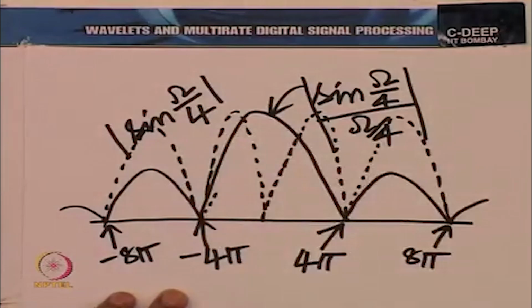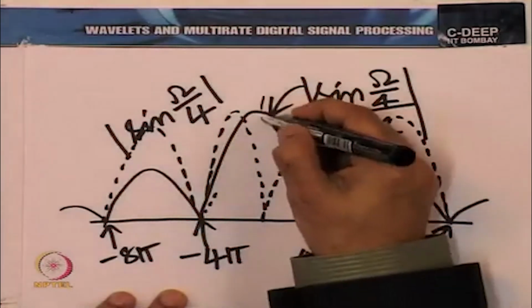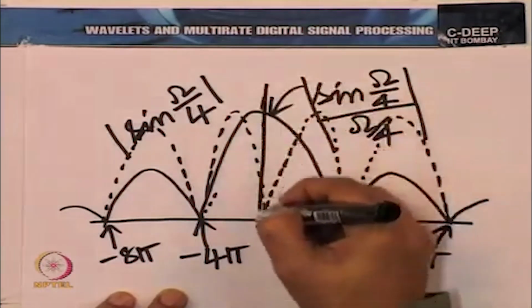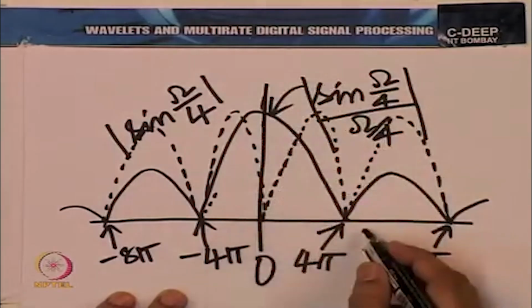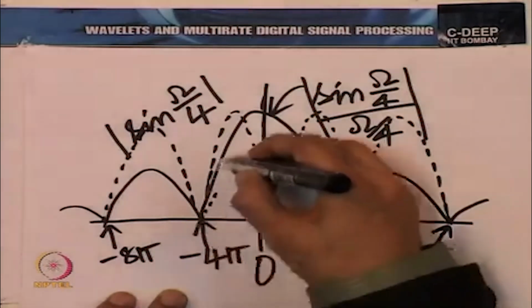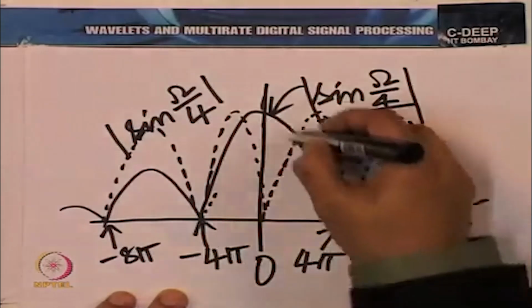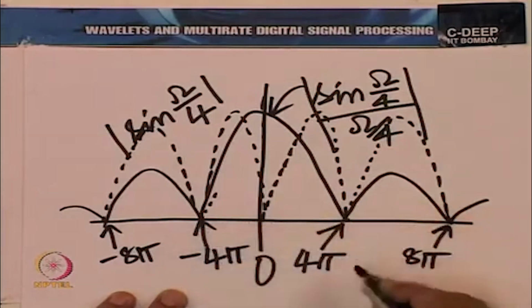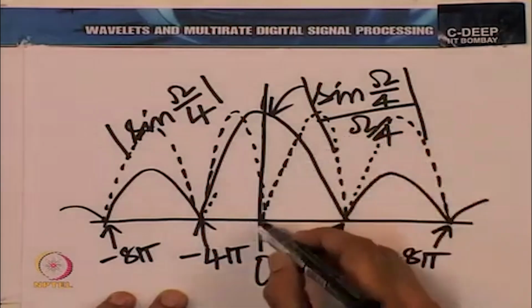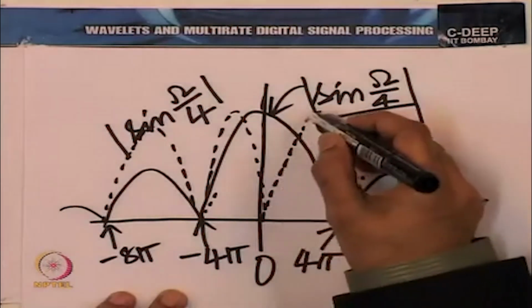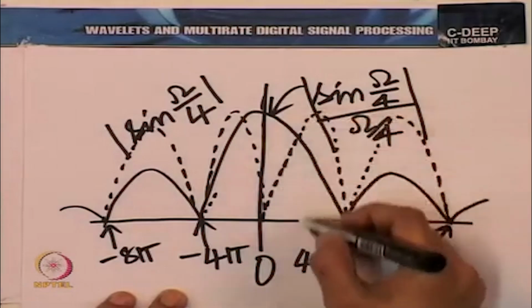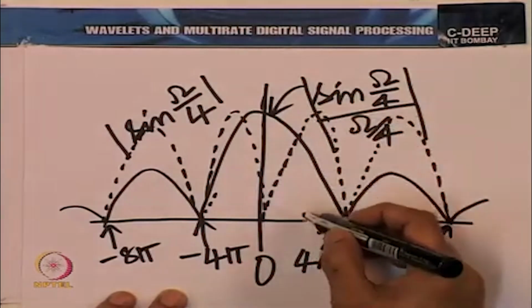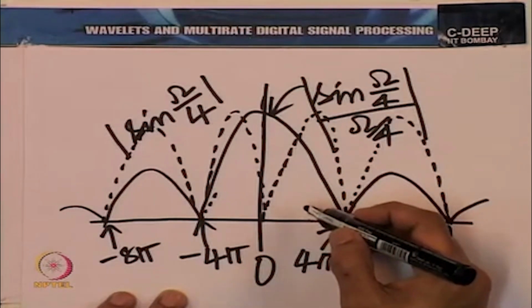This is the situation. Now look at the situation. This was the 0 frequency here. The solid line has a maximum at 0 and it tapers off up to 4 pi on both sides. The dotted line reaches a maximum in between at 2 pi, when omega by 4 is equal to pi by 2, all right.